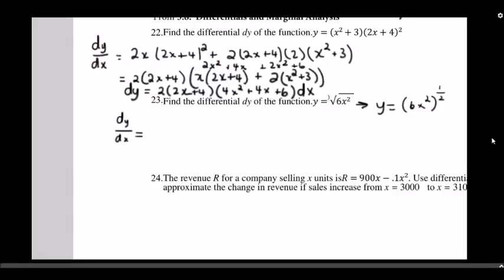The exponent of 1/2 is going to move in front and then decrease by 1. Now we need to multiply it by the derivative of the inside function, 12x. And then the 1/2 and the 12x can simplify to 6x times 6x squared to the negative 1/2.